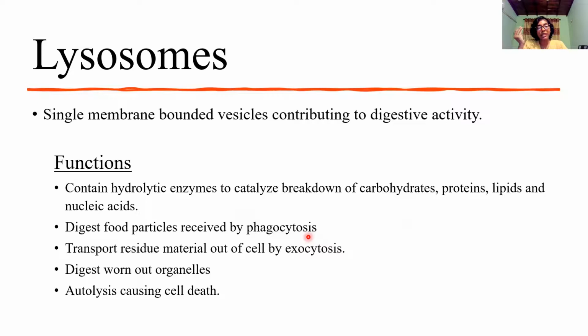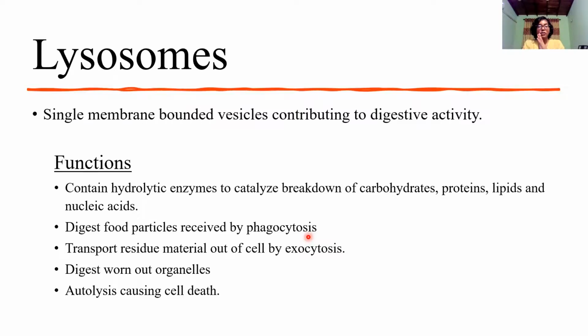And if small molecules with liquid, like liquid particles, are engulfed, it is known as pinocytosis. So there are two types of endocytosis. Endocytosis is actually engulfing particles from our external fluid, the extracellular fluid known as interstitial fluid.